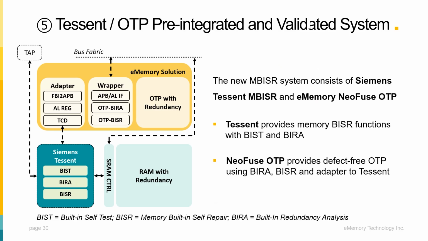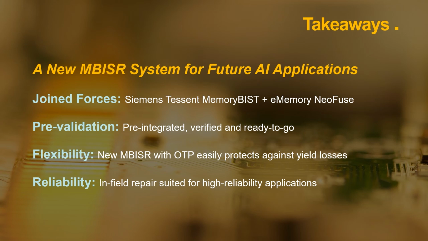In today's talk, we propose a new memory built-in self-repair system for future AI applications. The new system is developed through the collaboration of two leading vendors in DFT and OTP. Then, we provide not just conceptual solutions, but fully implemented and ready-to-deploy integrations.